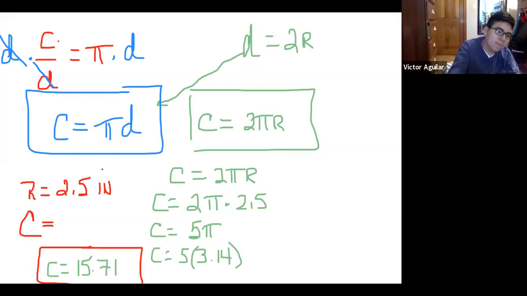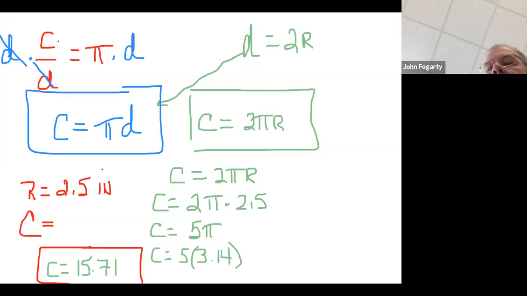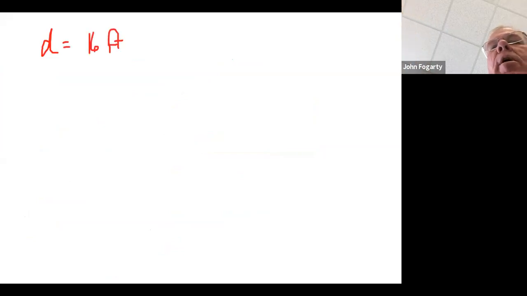All right, now try this one on your own. The diameter of a circle is 16 feet. What's the circumference? Off you go.